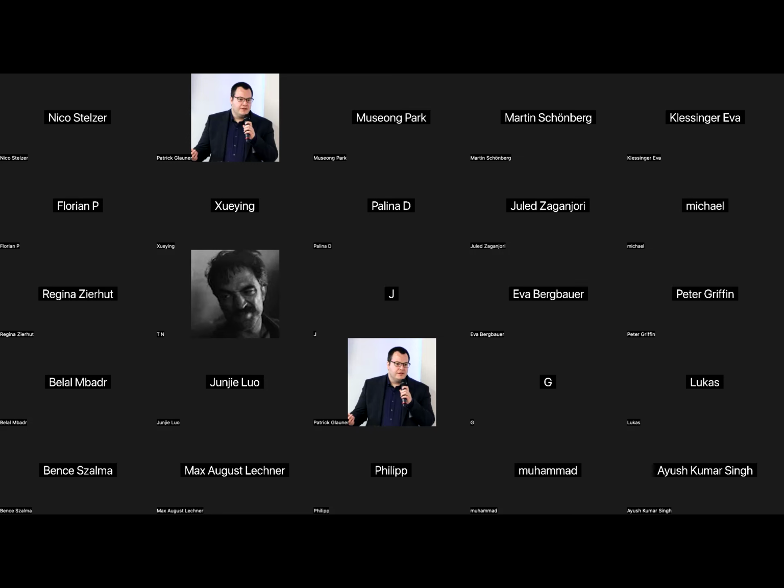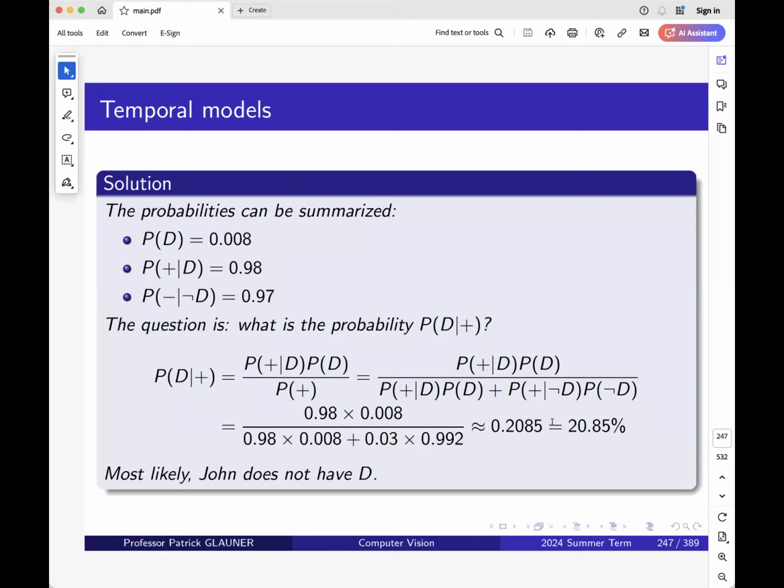It's simply a standard example of how to use Bayes' rule. And this is something you will find in my slides as well. And feel free to do these calculations on your own, or vary those probabilities.